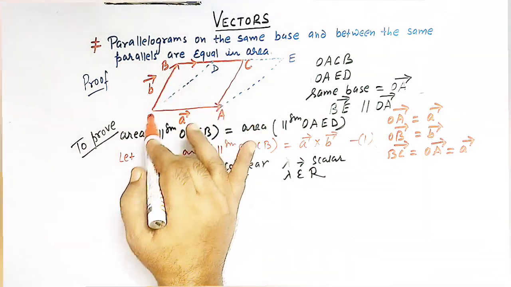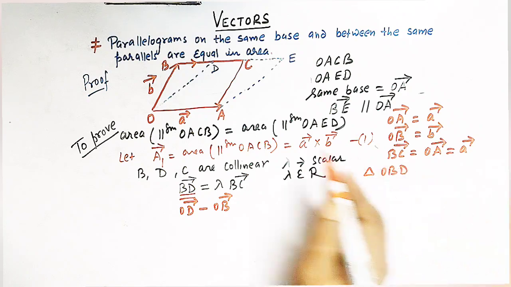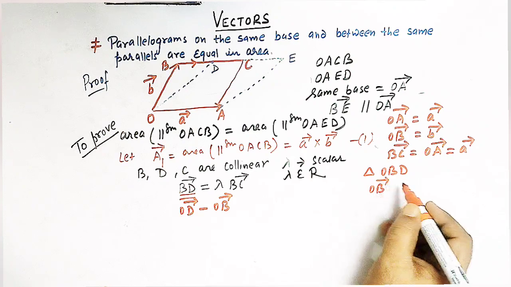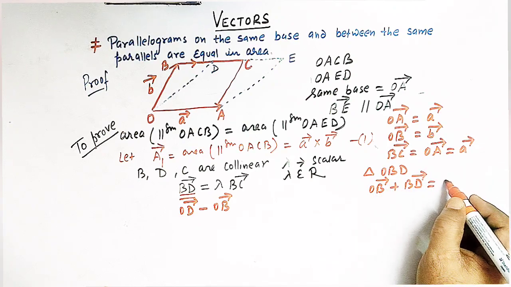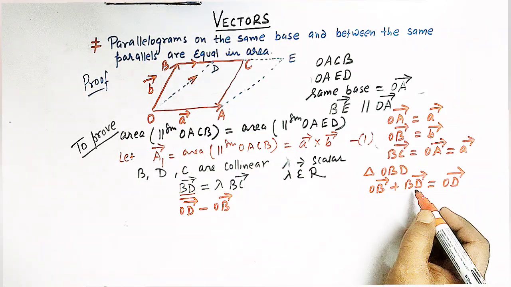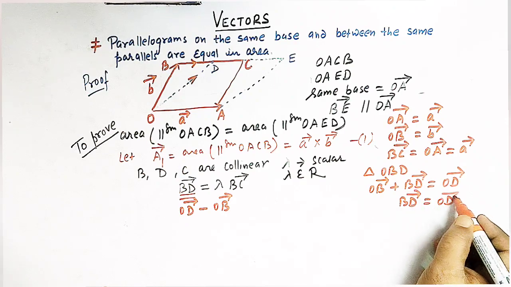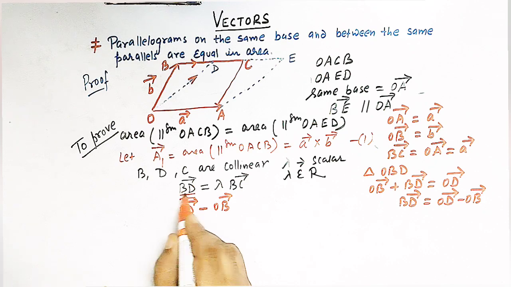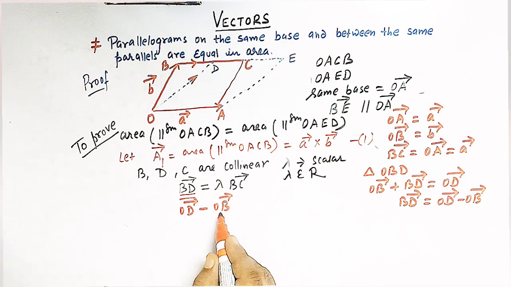Because if we take this triangle, that is the triangle OBD, then by triangle law of vectors we have vector OB plus vector BD is equal to vector OD, right? So here we can now write vector BD is equal to vector OD minus vector OB. So that's why we have written vector BD as OD minus OB.